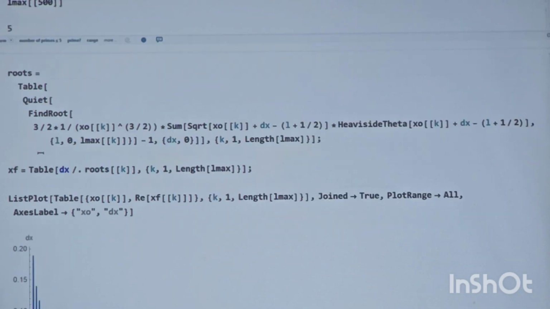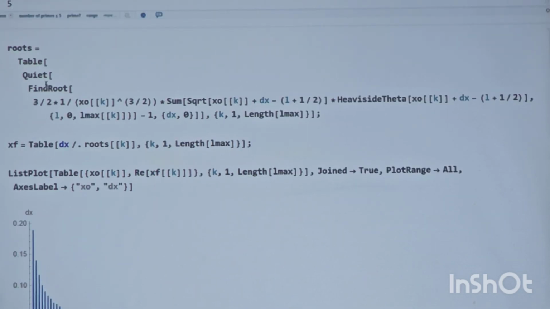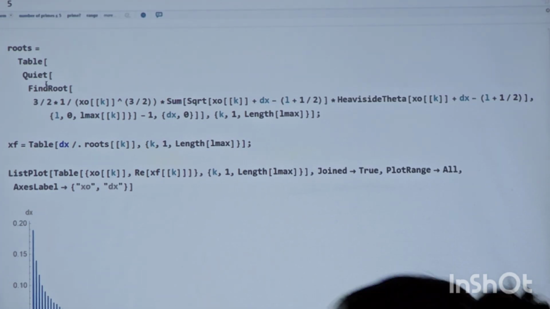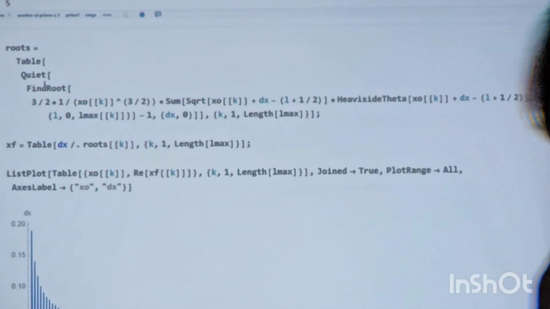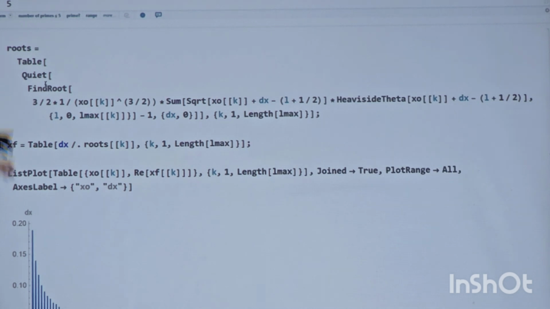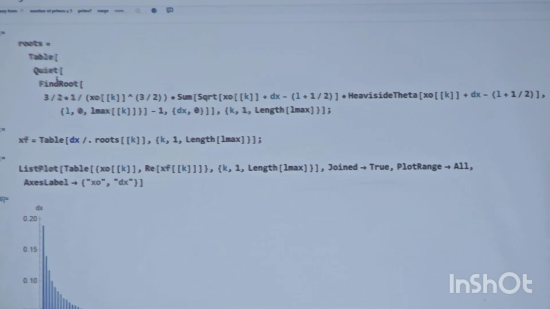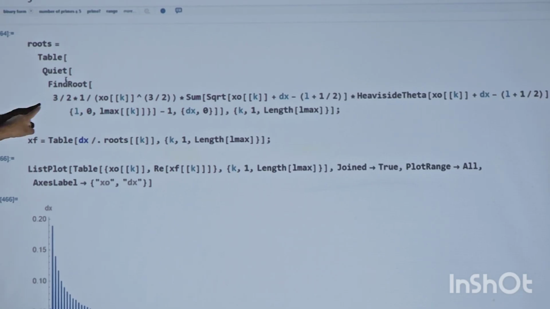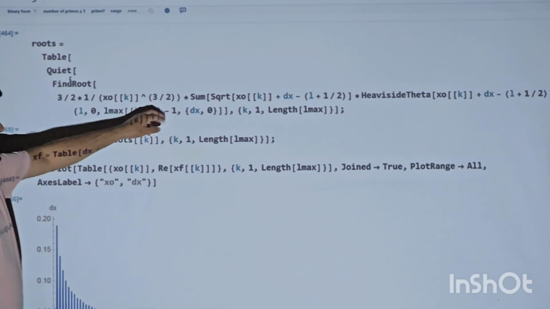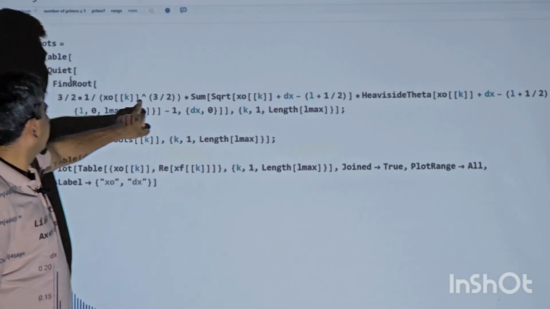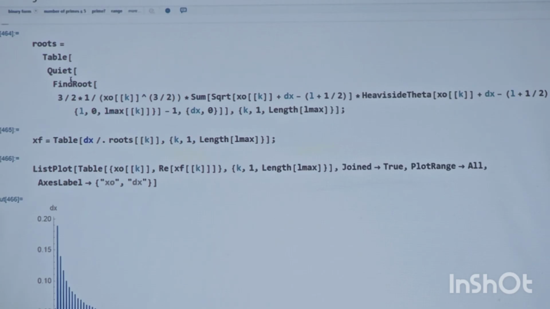Now this equation roots, this is a table of delta x's. Here I am going to solve the numerical equation. Okay, and if you observe here, 3/2 into this summation divided by x naught is per 3/2 is exactly this equation.